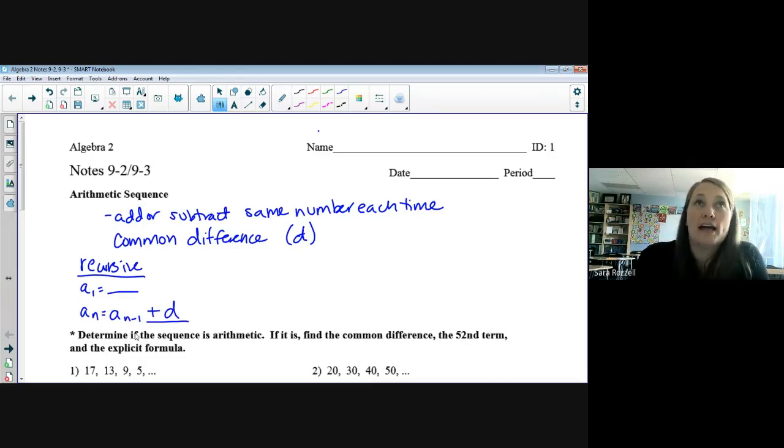That would obviously be a minus if it was a subtraction problem. So we have first term, then we have plus our common difference. That's our recursive formula for an arithmetic sequence. So whatever that number is that we add each time just gets put right there, which we did the other day. There's nothing new there. It just happens to always be the common difference for arithmetic sequences that goes right there.